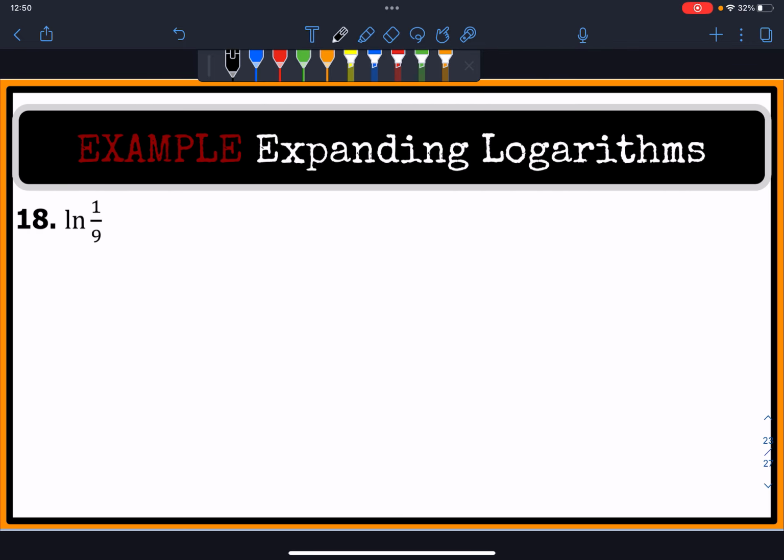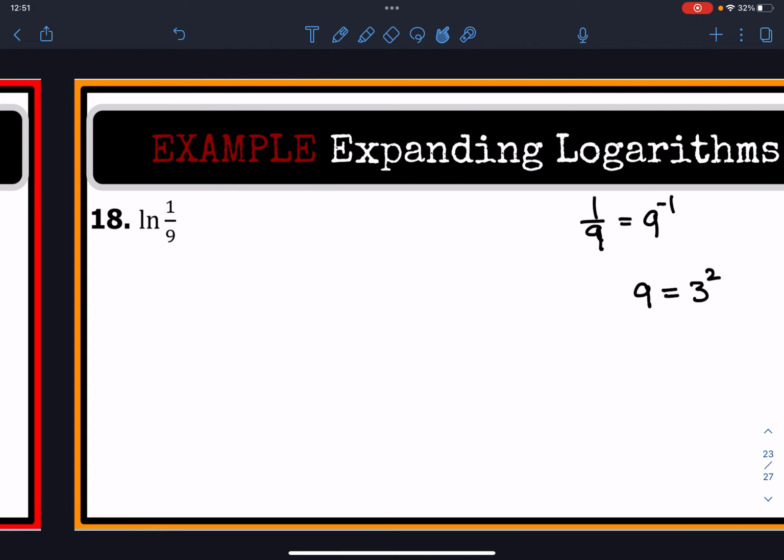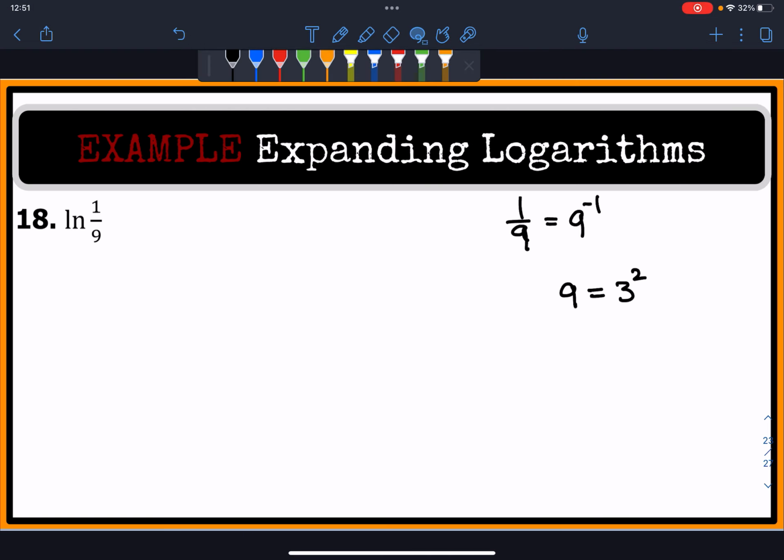And for this one, here's a tricky one. We don't have 1 over 9 as an exponent, but we can. Remember, 1 over 9 can be written as 9 to the negative 1 power. And since 9 can be written as 3 to the second power, I can write 1 over 9 as 3 to the negative 2 power.